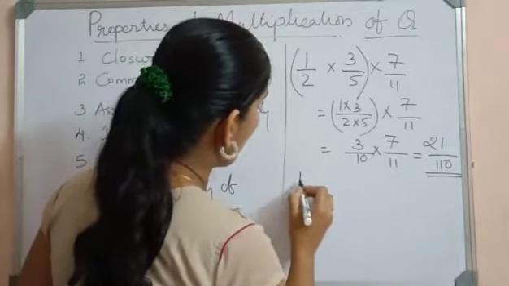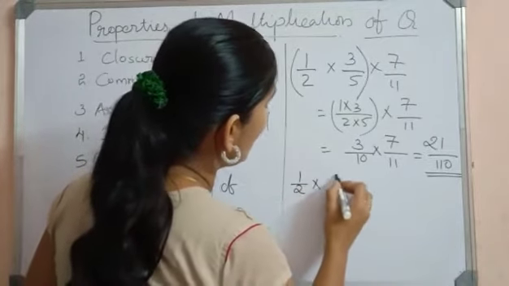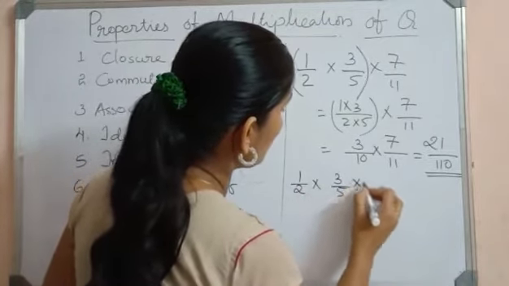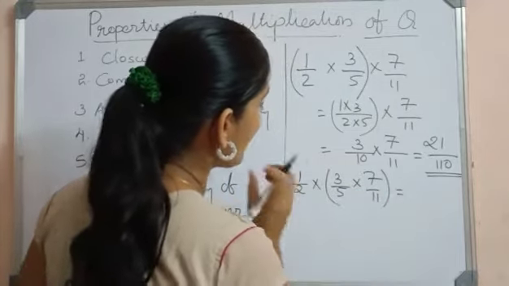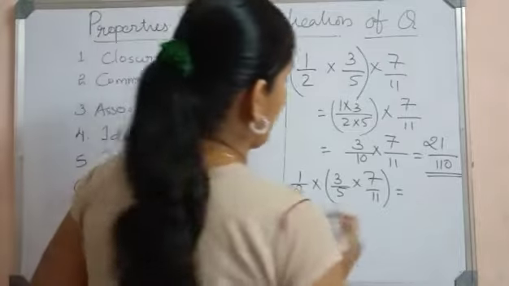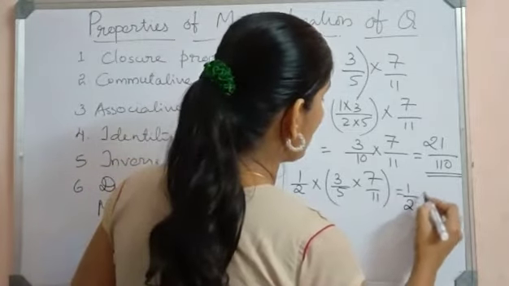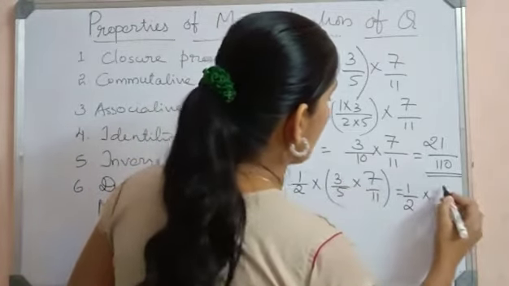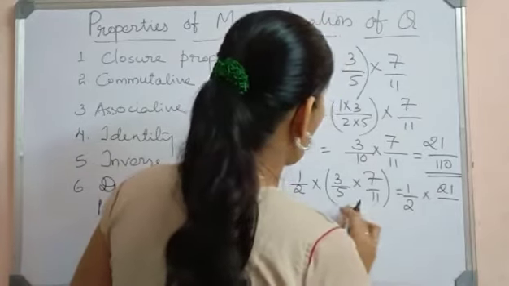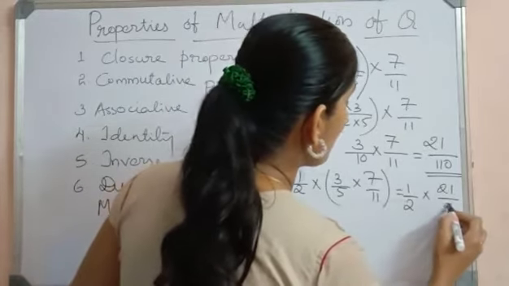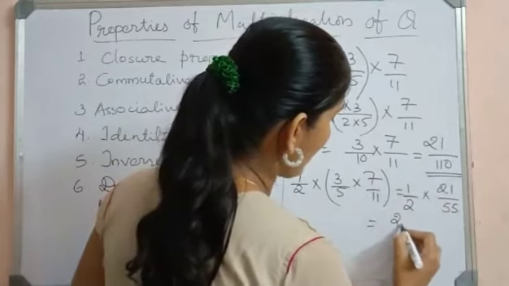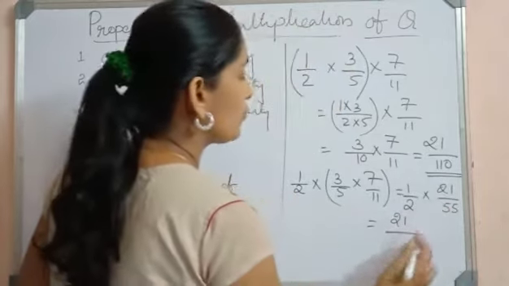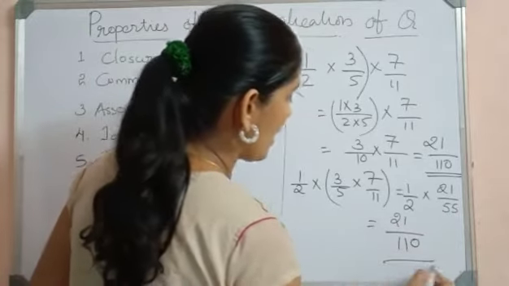Now let's consider the other way. That is 1 by 2 into 3 by 5 into 7 by 11. Let's multiply the last two numbers and then multiply with the first one. You will get this as 1 by 2 into 3 into 7 is 21 divided by 11 into 5 is 55, and that is equal to 1 into 21 is 21 divided by 2 into 55 is 110. Look at that.